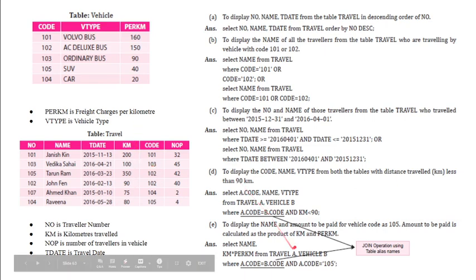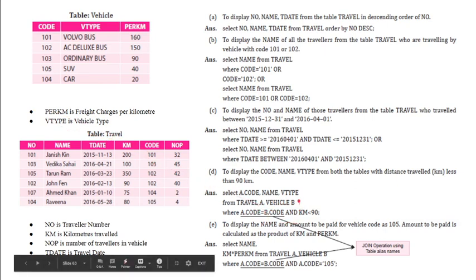You can select either vehicle dot code, name, V type from travel, vehicle, where vehicle dot code equal to travel dot code.